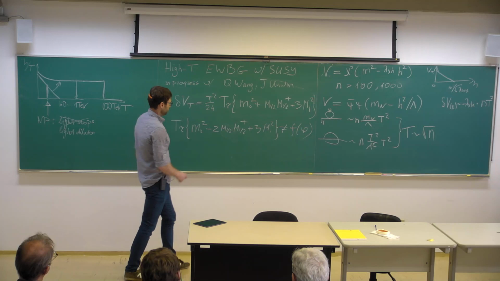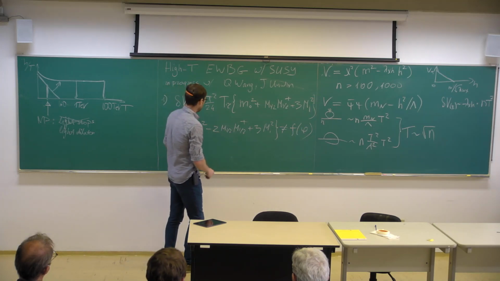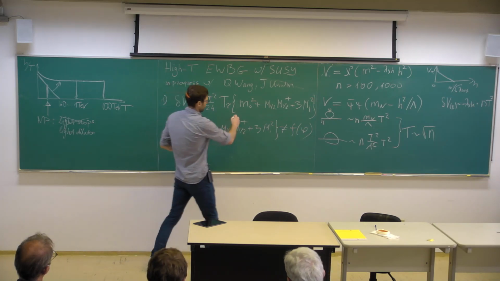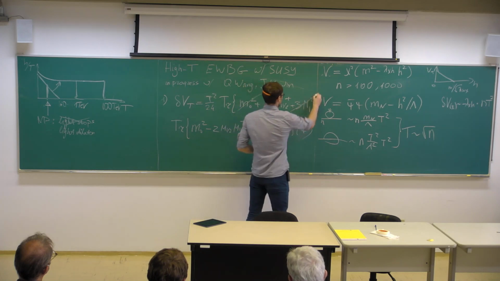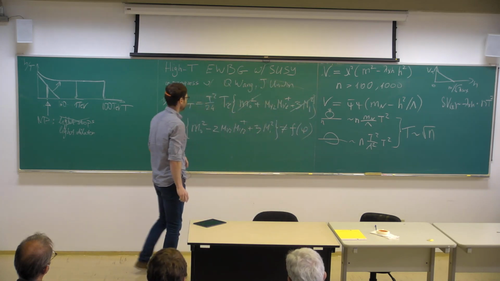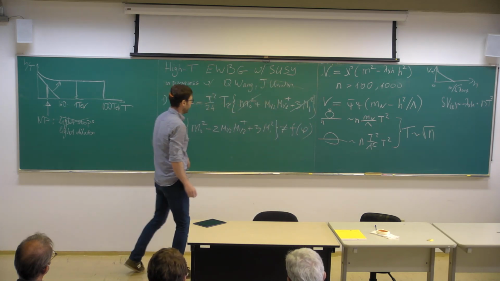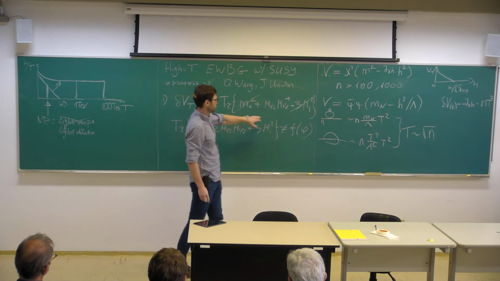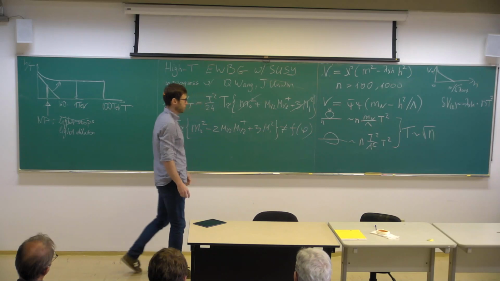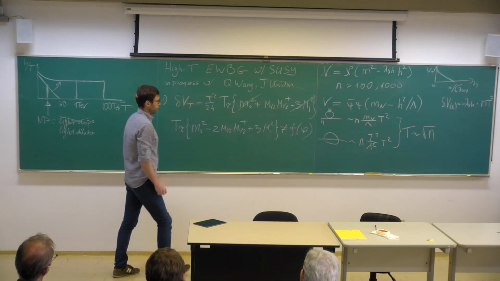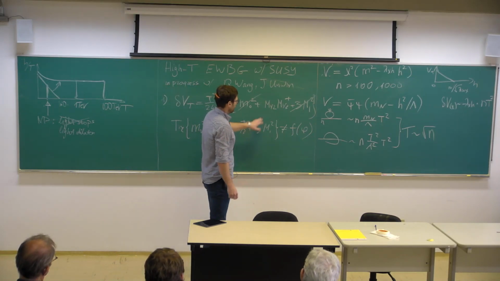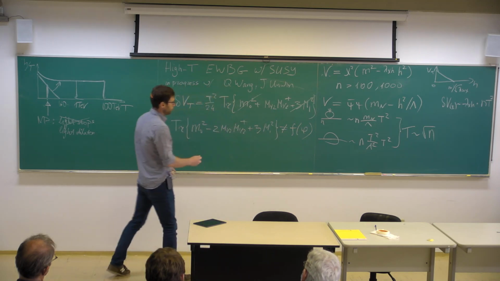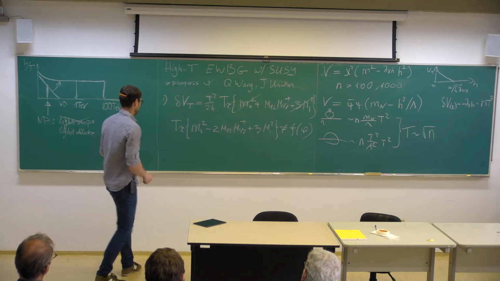So you can use this equation to remove this and this from here. And what you will get is that the thermal correction is just proportional to the fermionic mass squared. The problem is that this is clearly a positive definite quantity.